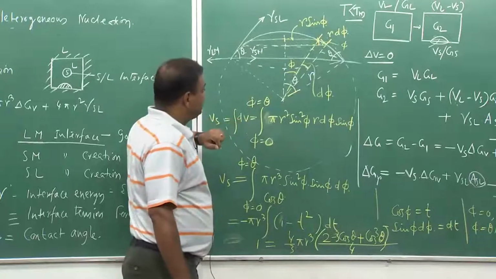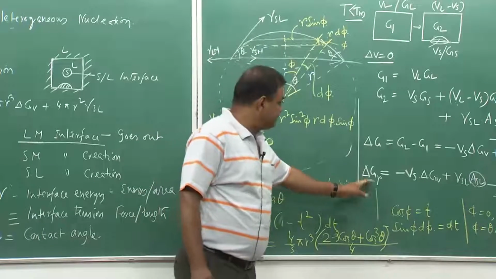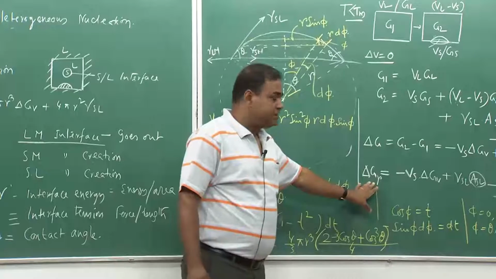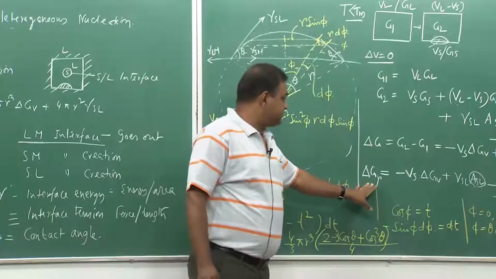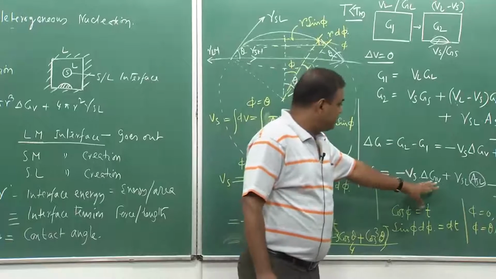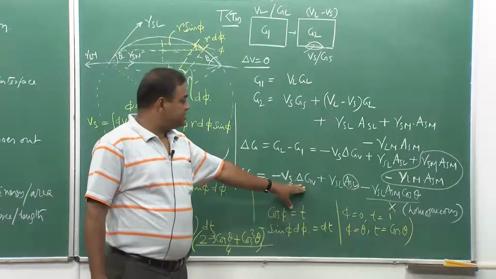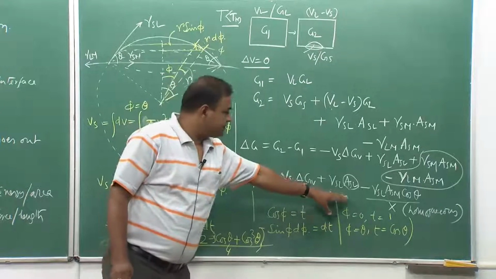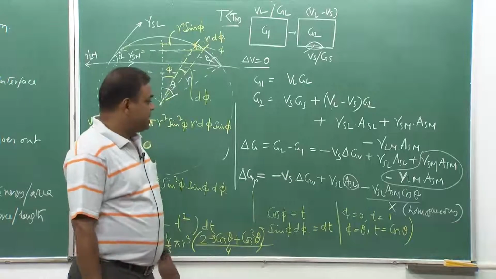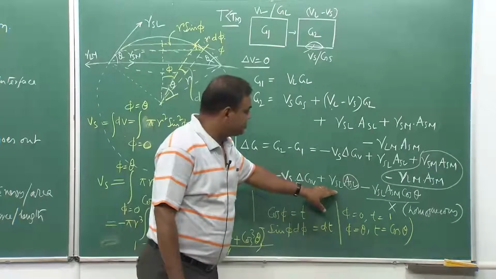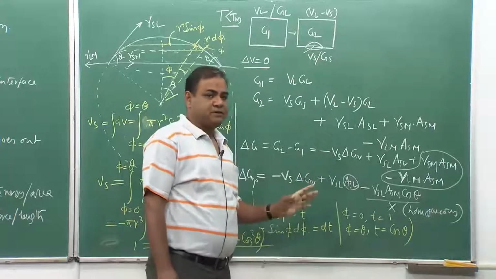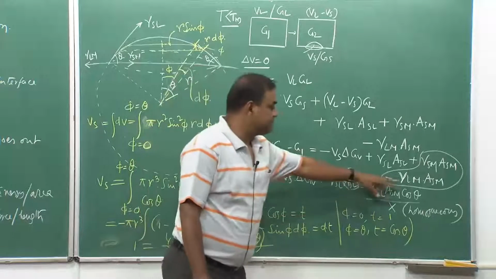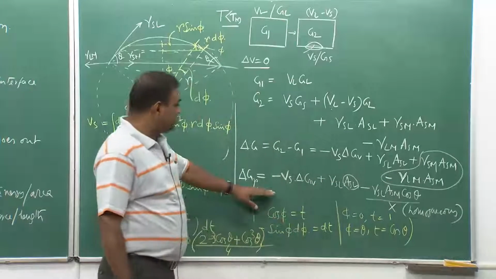Then we tried to find out the expression for free energy change, and the expression depends on the volume free energy change as well as the surface free energy change. In the case of surface free energy change, there are two positive terms, but there is also a negative term.